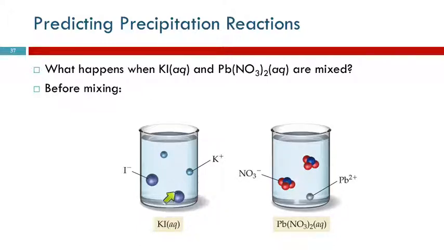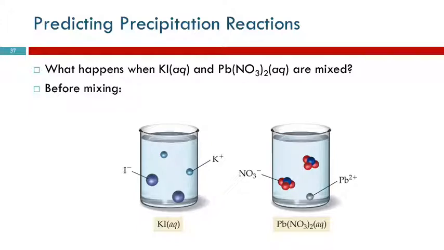So I think of this as potassium's the guy and iodide is the girl. And they're hanging out together, they're friends. And over here is lead, he's the guy, and nitrate's the girl, and they're hanging out. It's not like they hate each other, but they're not like a couple either.